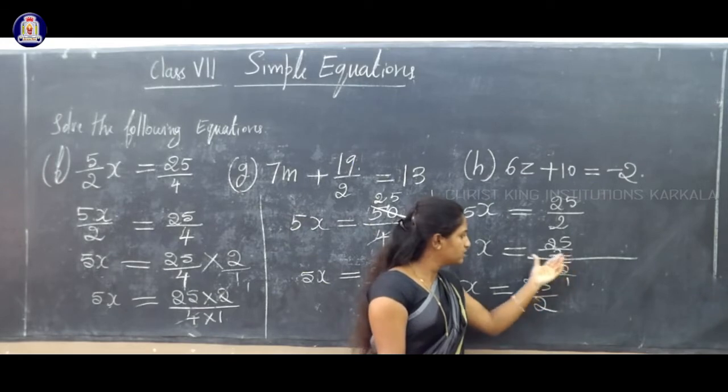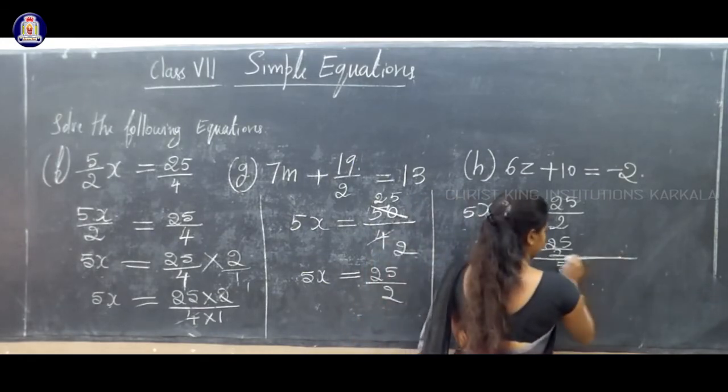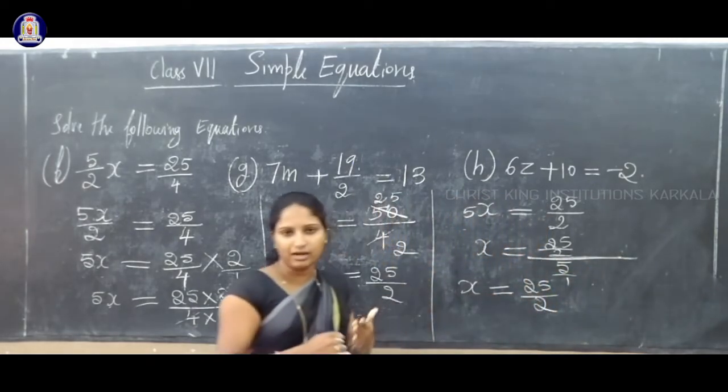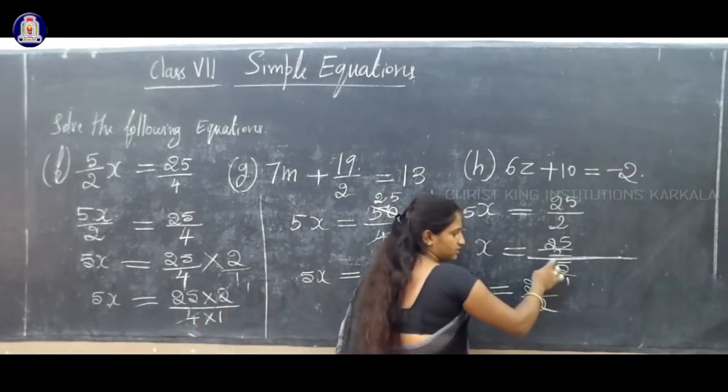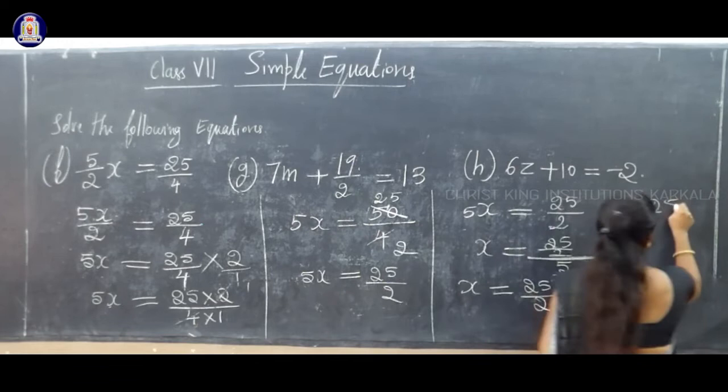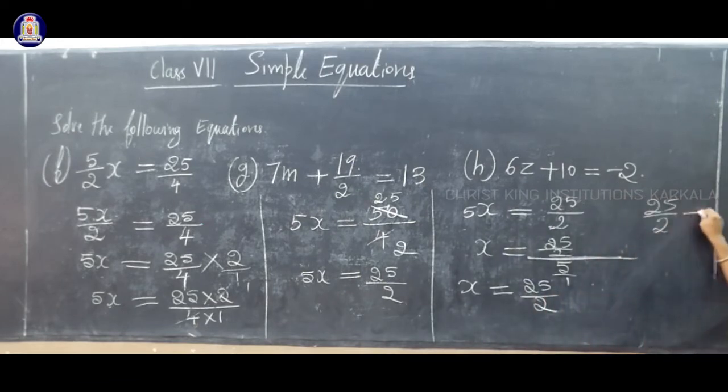So now see this, division will change into multiplication. Clear? This you can write inverse of this. Means 25 by 2 divided by 5 by 1. You know how to write this? 25 by 2 divided by 5 by 1 can be written as 25 by 2 into 1 by 5.